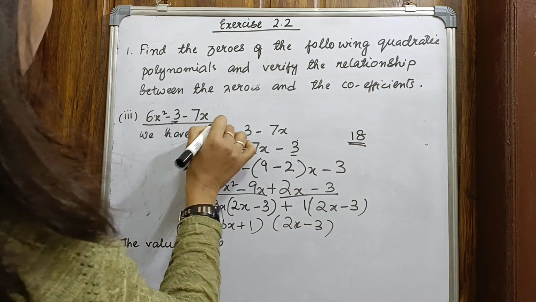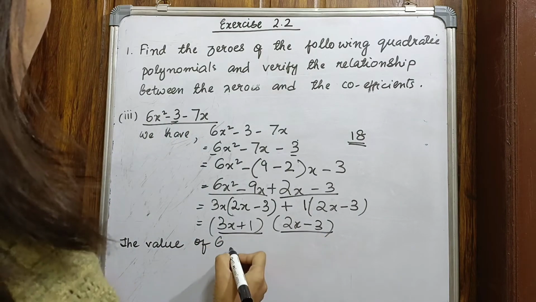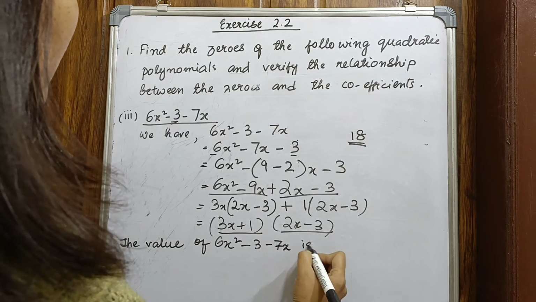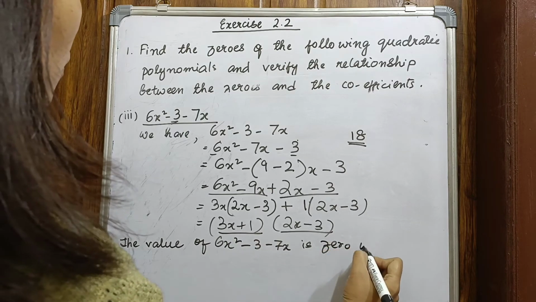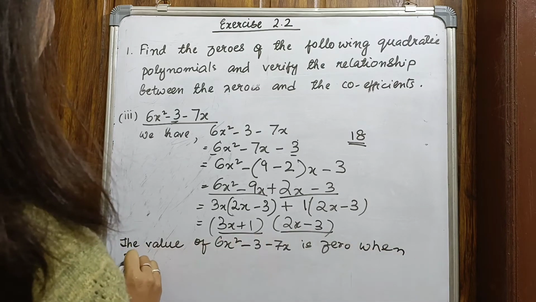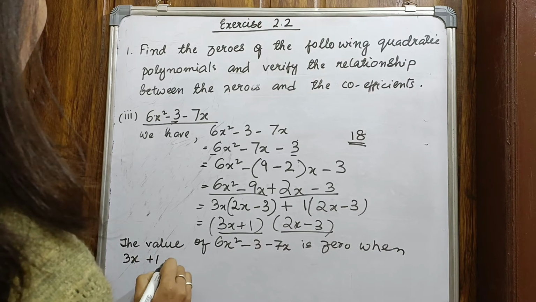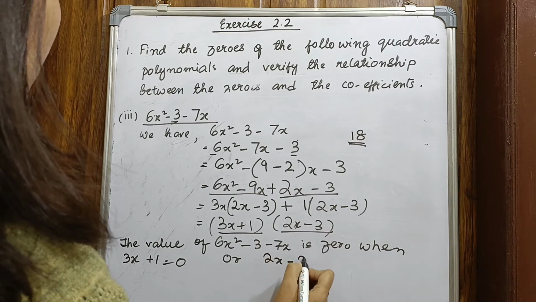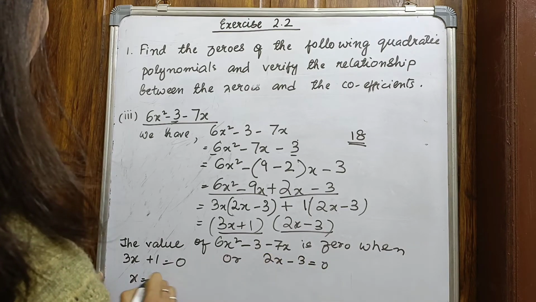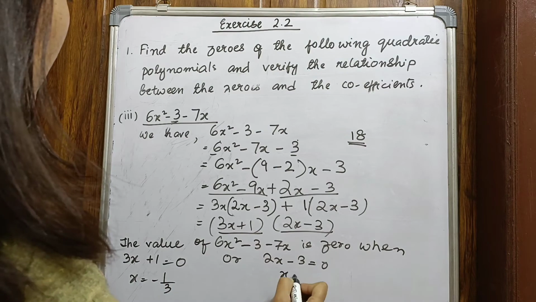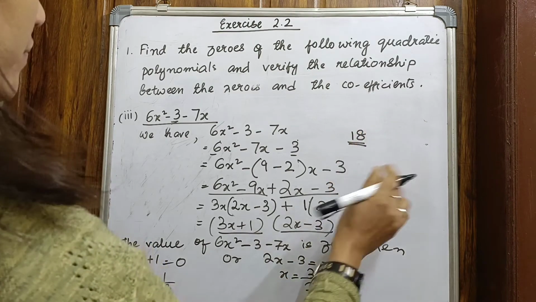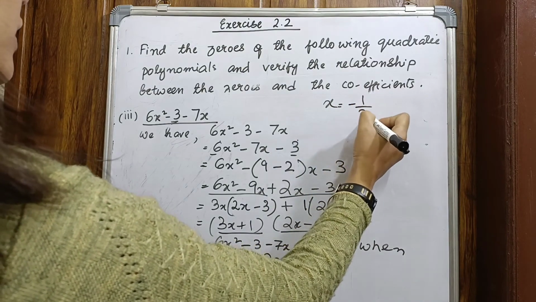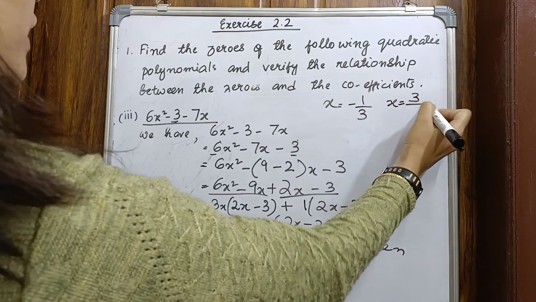The value of 6x square minus 3 minus 7x will become 0 when 3x plus 1 equals 0 or 2x minus 3 equals 0, where x equals minus 1/3 and x equals 3/2. So we'll write x equals minus 1/3 or x equals 3/2.